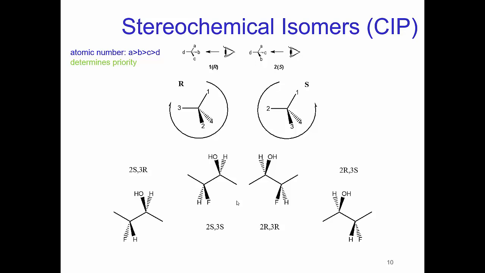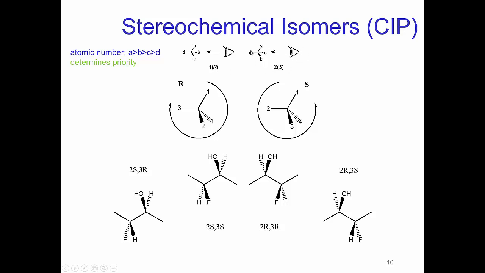So if we look at the top one on the left, if we look at A and it goes to B, that's going behind, and then it's coming around underneath to C, and then back to A. And that's the clockwise direction. So since this is going in a clockwise direction, we designate it as R configuration.